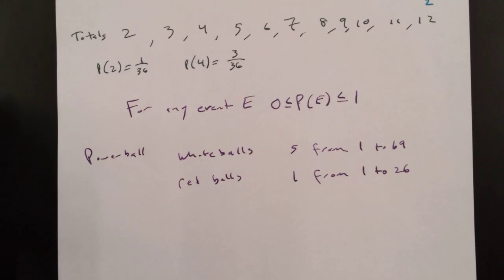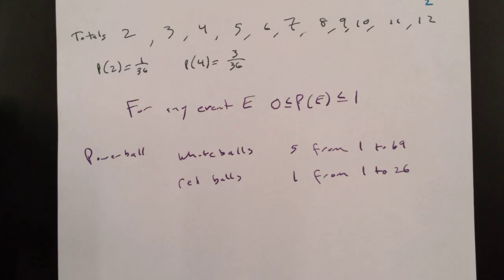I go out and I buy a Powerball ticket. What's my chance of winning? I bought 1 ticket, so my chance is 1 in something. What's the something? Say again? 69 to the power 5 times 26 to the power 1.